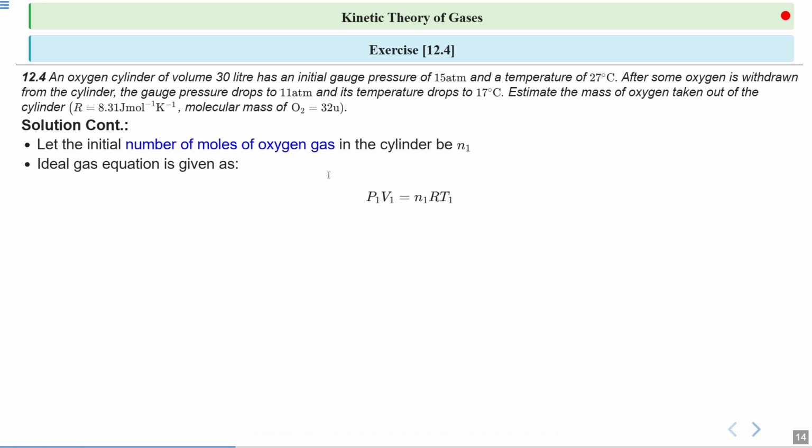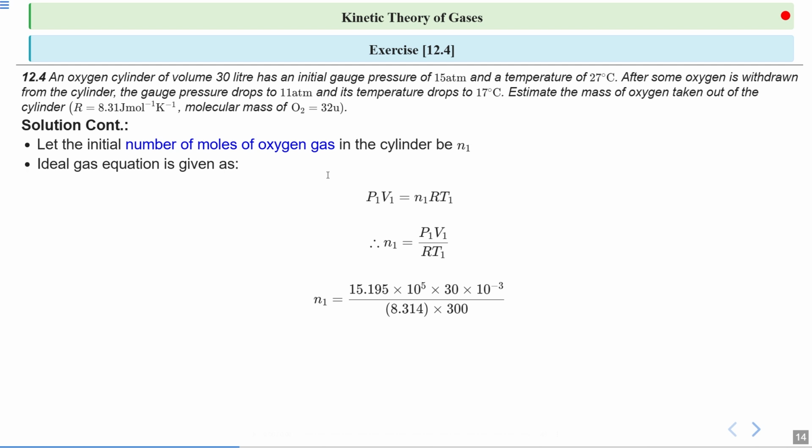This equation will help us solve for the number of moles. So rearranging the ideal gas equation, we find that n1 is equal to P1V1 divided by RT1. This formula allows us to calculate the initial number of moles by plugging in the known values for pressure, volume and temperature.